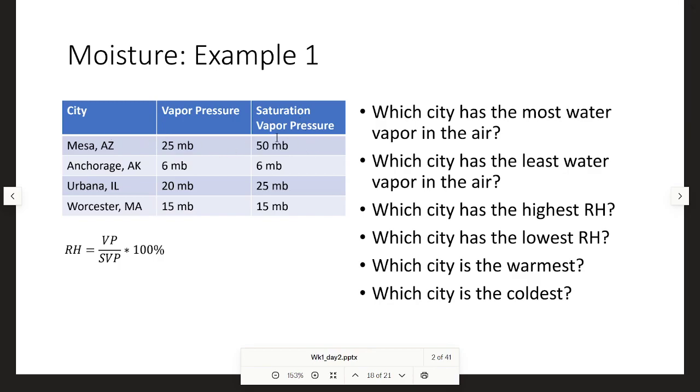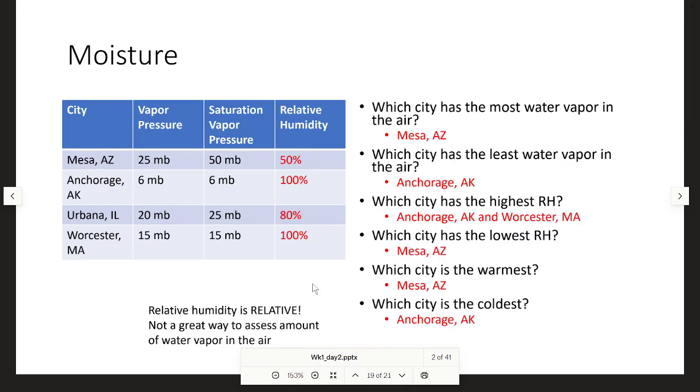So Mesa, Arizona has the highest, and likewise, the coldest city will have the lowest. So Anchorage, Alaska will be the coldest because it has the smallest saturation vapor pressure. Okay, and there are the results that I just calculated in my head. So yeah.